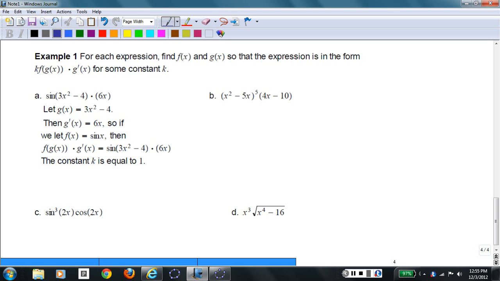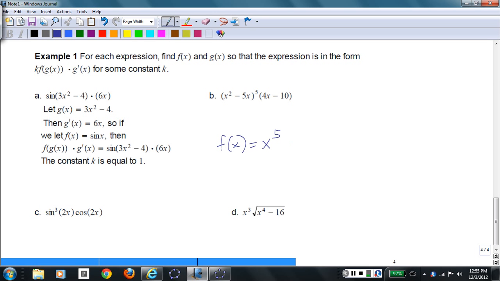Yeah. So we've got an expression that's raised to the 5th power. So I'm thinking we're composing the function that raises things to the 5th power. What's the function that raises expressions to the 5th power? Well, just plain old x to the 5th.